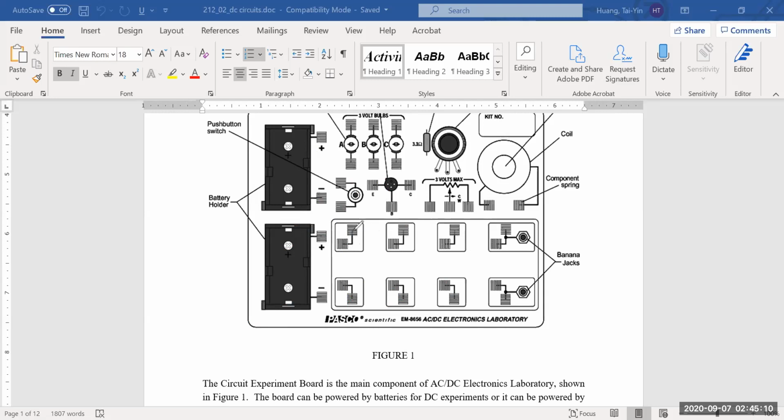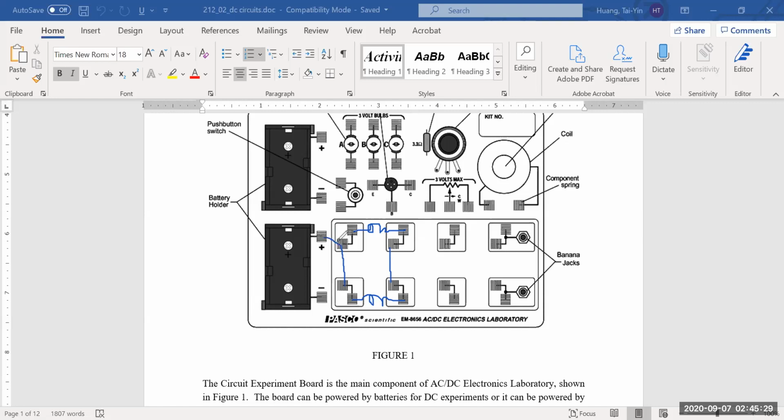For the parallel circuit, you will have one resistor here, and one resistor remains here. So you have one wire lead here, and then one wire lead here.